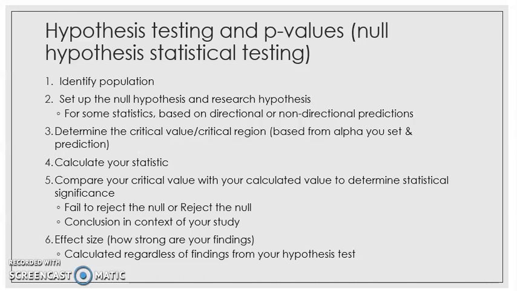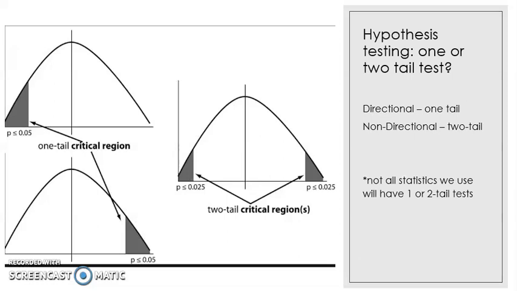So let's go back to this idea of directional and non-directional research hypotheses. Some statistical tests that we're going to run are going to have an option to do a one-tail test or a two-tail test, because we're going back to that normal distribution of the data. When I am running a one-tail test, I am running a directional test. That means I've chosen to make a prediction for a specific direction.